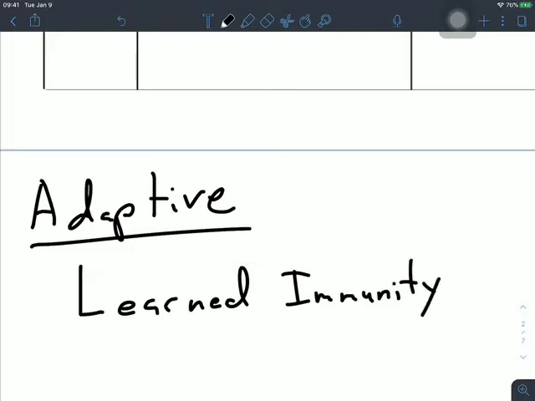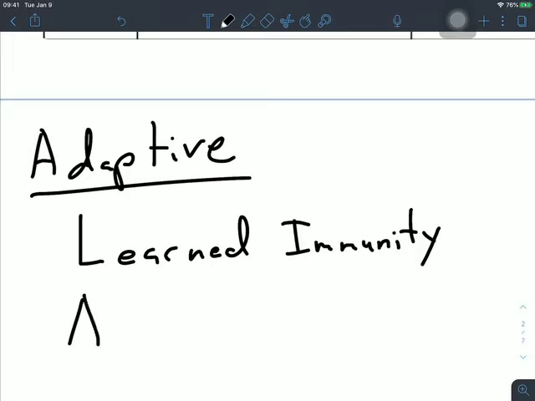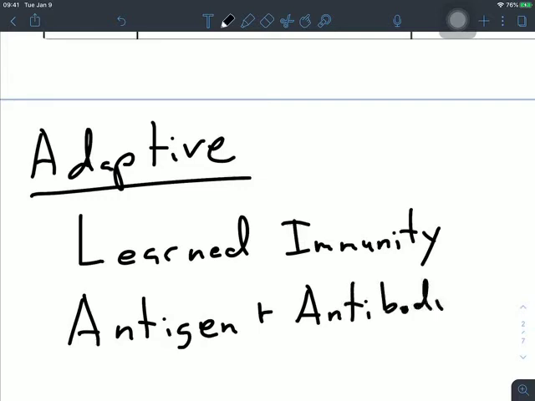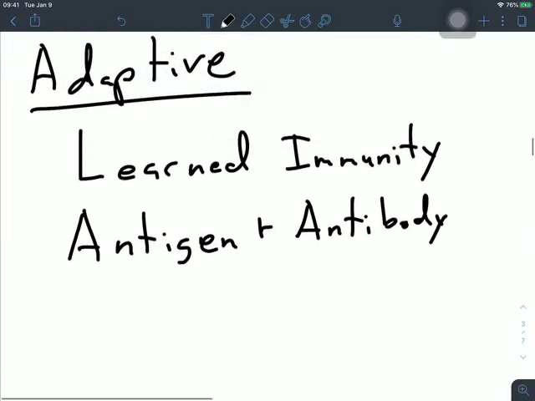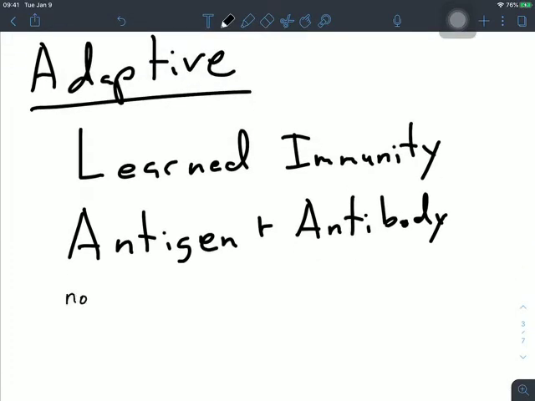And no component of learned immunity is more important than an antigen and antibody. So, an antigen is any non-self macromolecule.